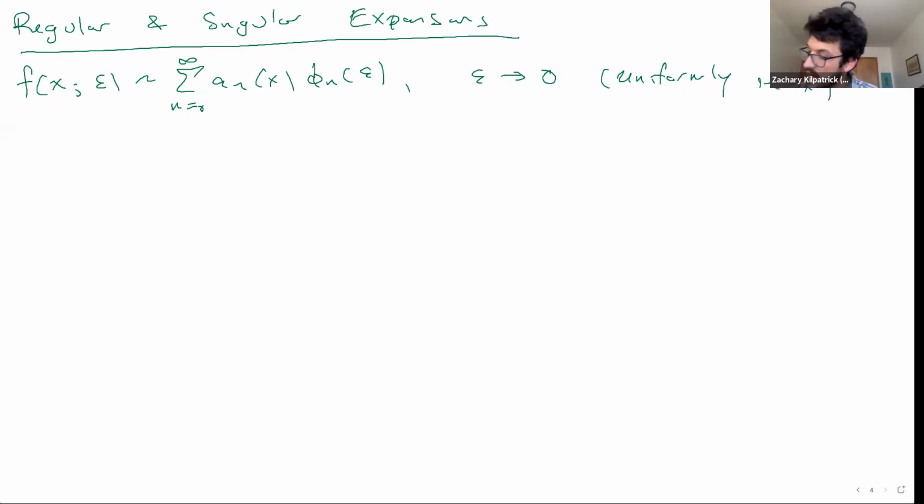So for some asymptotic expansion, let's say f equals this weighted sum of this asymptotic sequence as epsilon goes to 0, okay?